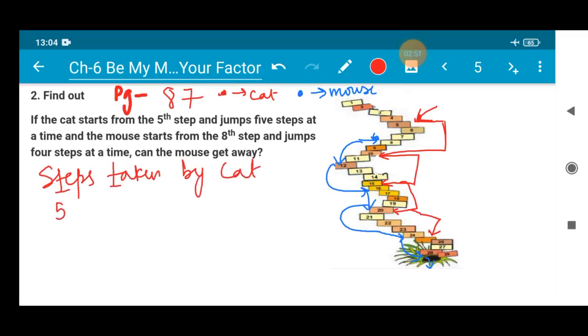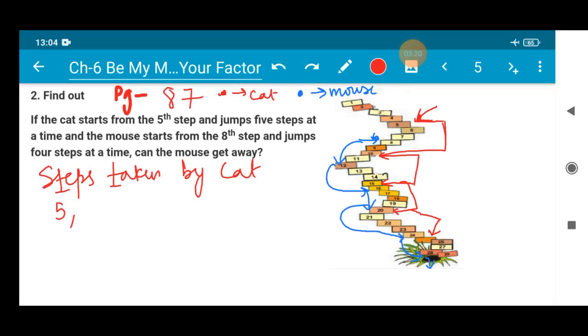Earlier the cat was in the 3rd position, but now the cat is in the 5th position, and earlier it was jumping 3 steps at a time, but now the cat is traveling 5 steps at a time, right? If I have said it wrong, then again I'm repeating. The cat was earlier at the 3rd position, traveling 3 steps at a time.